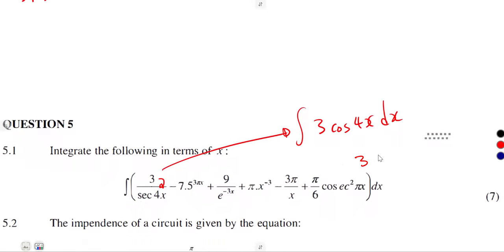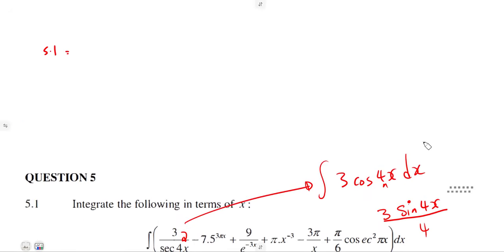So it is 3 sine of 4x. But remember, guys, it's integration. Always divide by what? The constant here, the coefficient of x. What is the coefficient of x? It is 4. So, guys, this one, we're done. You just have to rewrite, then integrate. This one was direct and straightforward.